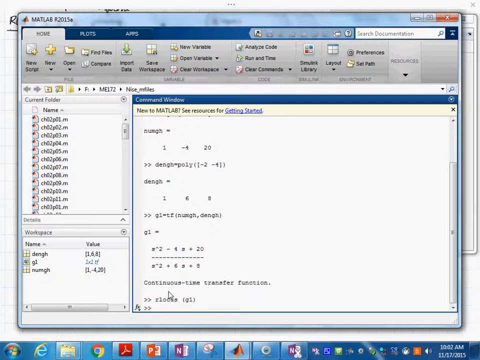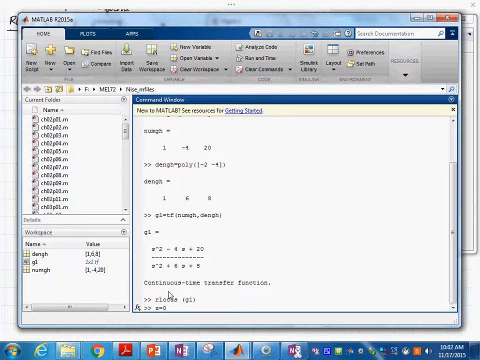So we're going to define these parameters here in steps of 0.2. And then 0.2 to 0.5 is what we want.